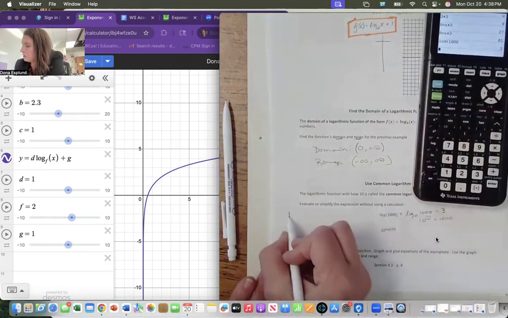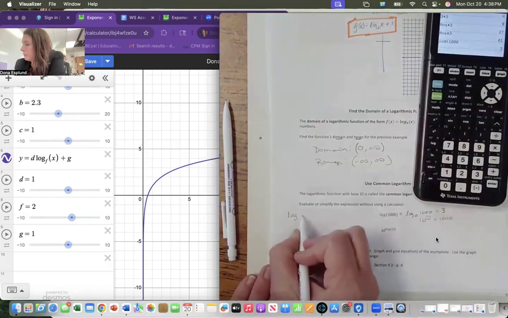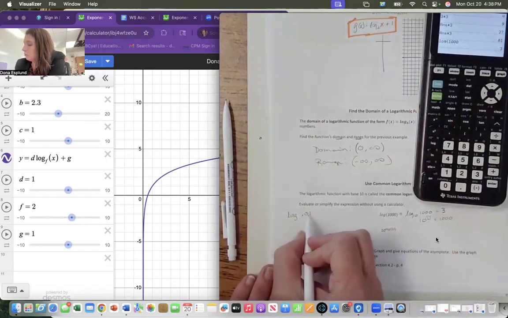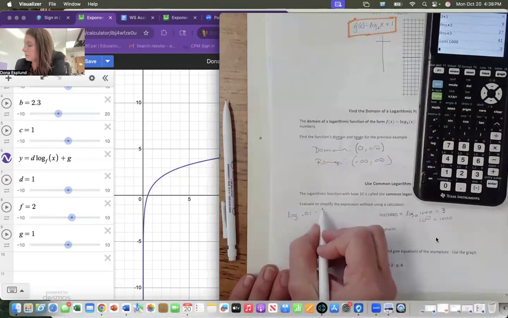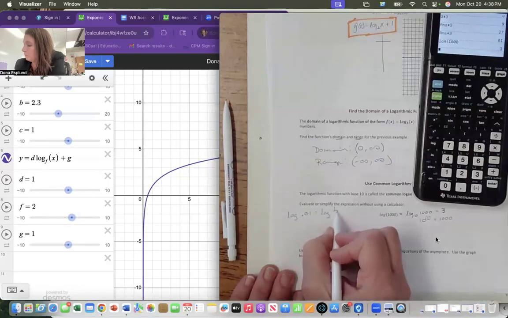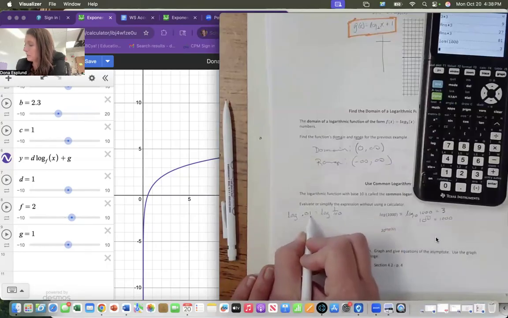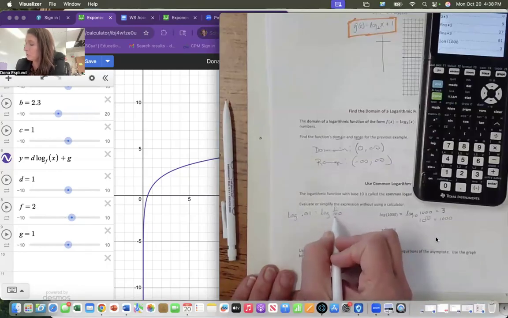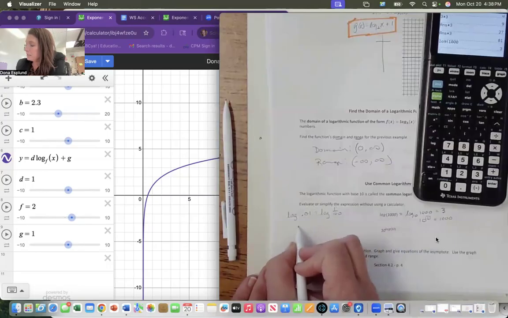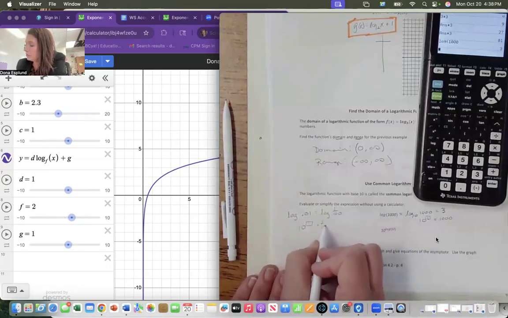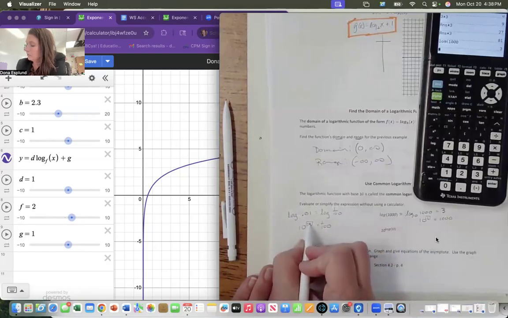Notice too, I can also go the log of a small number. If I have like 0.01, so this really could mean the same as the log of 1 over 100. So 1/100th would be written as a fraction as 1 over 100. So that means 10 to what power is going to equal 1 over 100, which has to be -2.